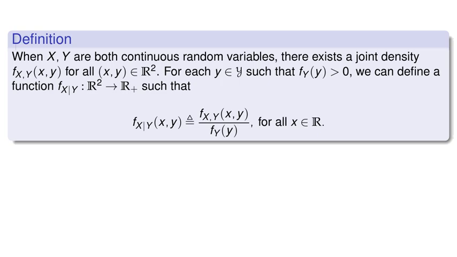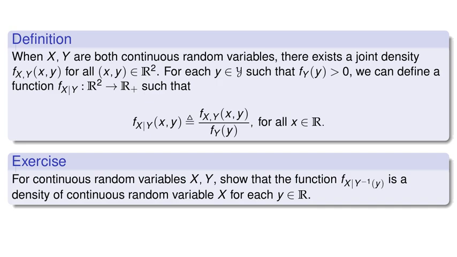We can define a function f sub x given y mapping R squared to non-negative reals such that f sub x given y of x, y is defined as the joint density f sub xy of x, y divided by the marginal density f sub y of y. This holds for all real x.